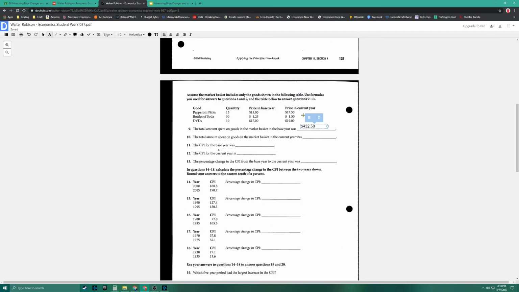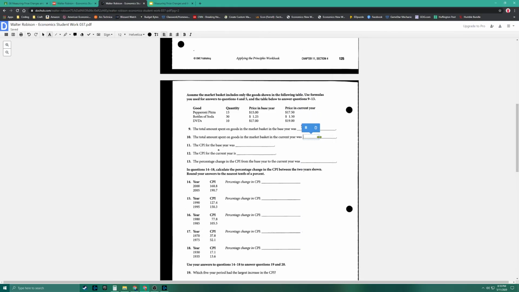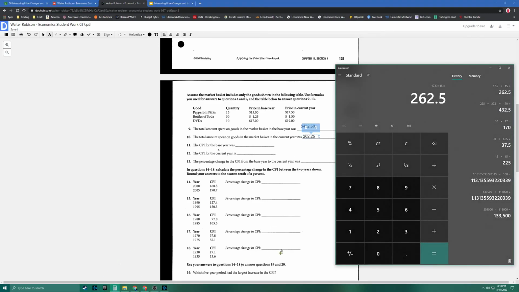All right. Now the total amount spent on goods in the market basket in the current year. Okay. So this is the current year. So you just do the same thing, but instead of using these prices, you use these new prices. So you take 17.50, multiply that by 15, you get 262.50.